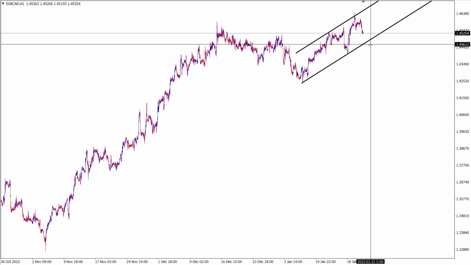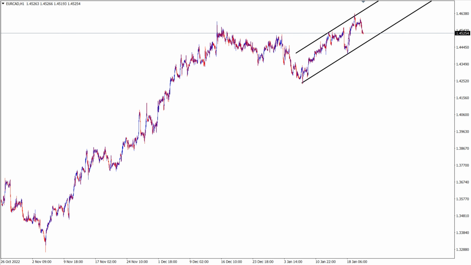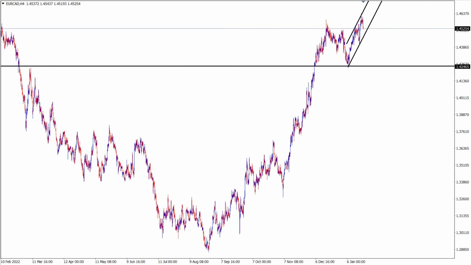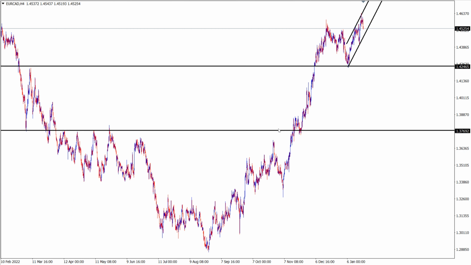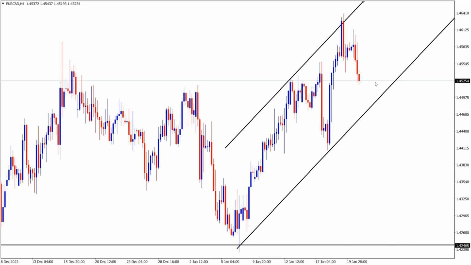If it breaks this level, we can expect a retracement of at least around 2,500 points, and then 2,000 to 5,000 or 7,000 points. Euro Canadian dollar has chances to fall if it breaks this higher low area. So let's wait for the confirmation of breakout.